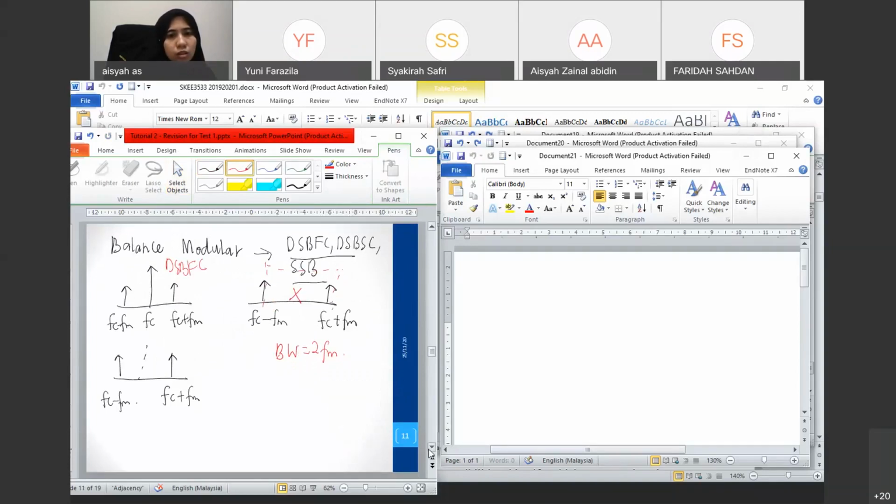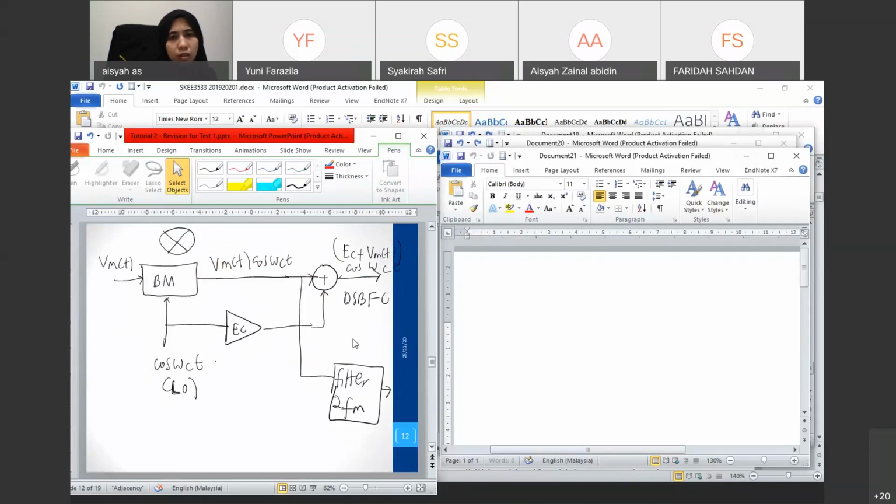So this is a band pass filter with bandwidth 2 FM. The bandwidth is 2 FM, so you will get the DSBSC. And from here also, because here we don't have the EC, we use the filter.